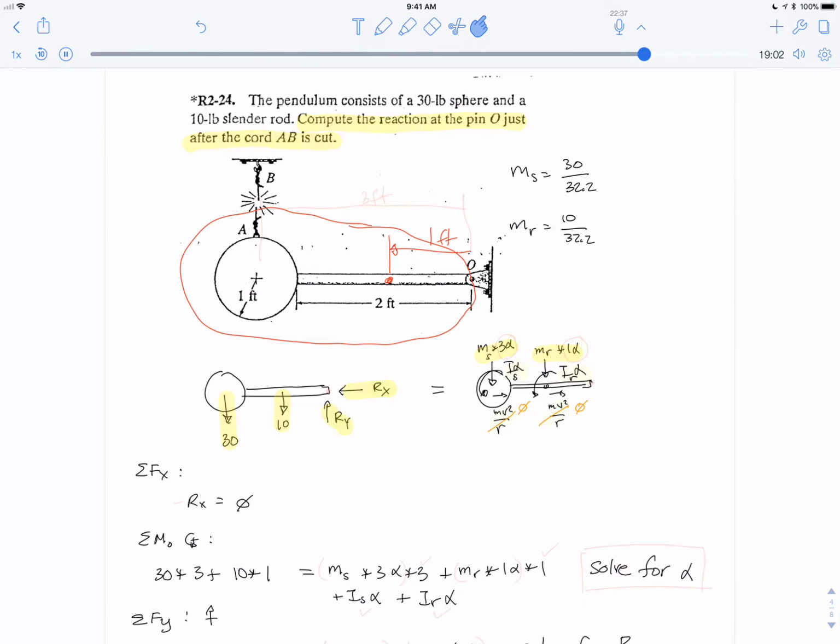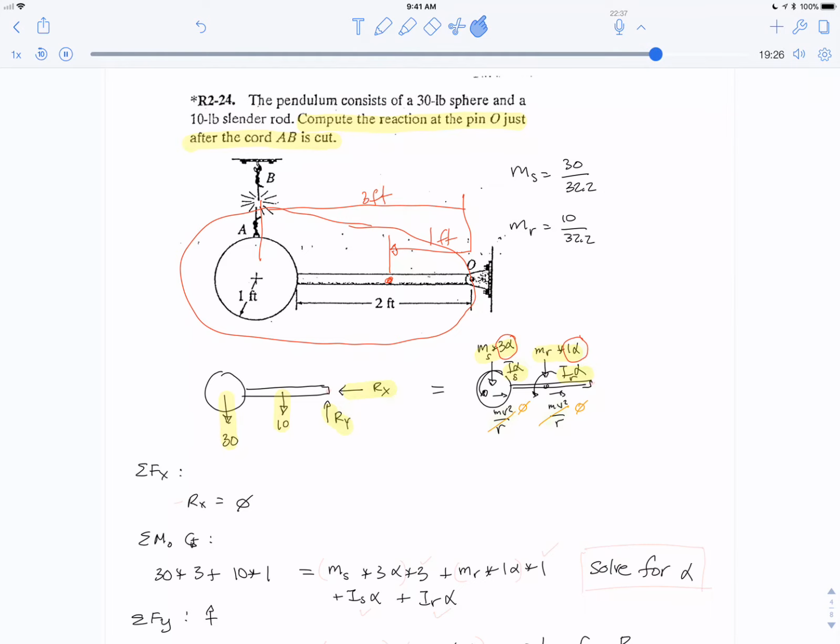So that's why the acceleration of the rod is 1 times alpha. You know the acceleration of the sphere, similarly, is the distance from the pin, which is 3 feet, times alpha, and that's the acceleration of the sphere going down. In addition to this, you have the I of the sphere times alpha and I of the rod times alpha.